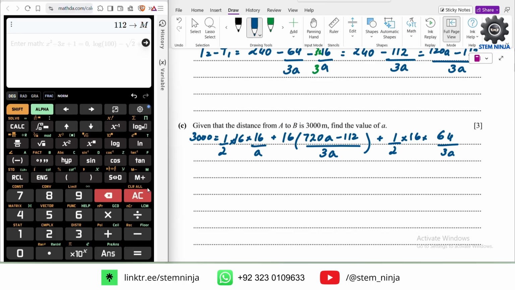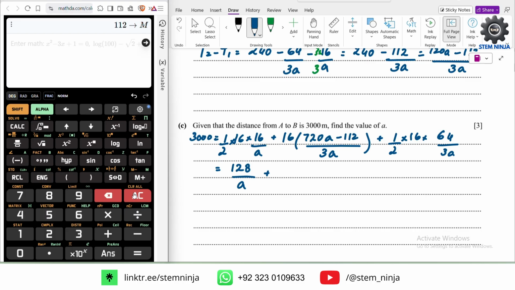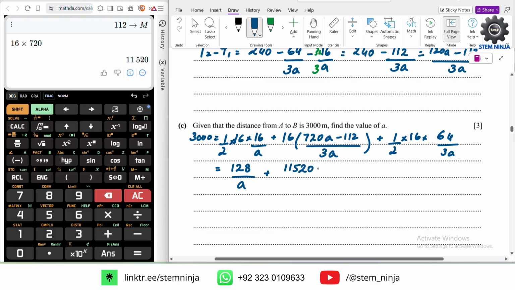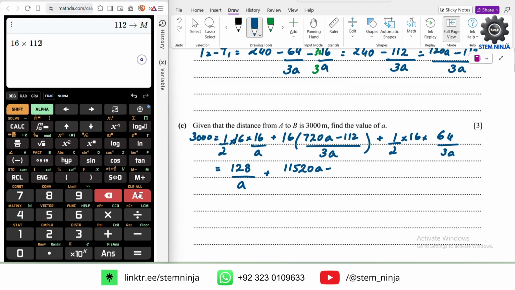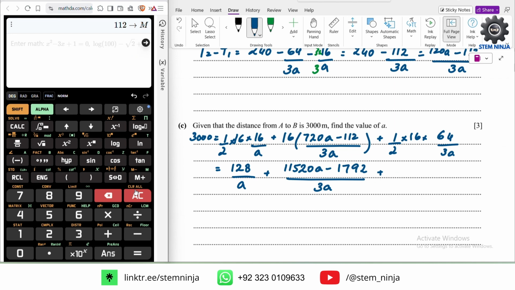So let's first simplify all of this together. 16 times 16 divided by 2 is 128 over a, plus 16 times 720, 11520a, minus 16 times 112, 1792, over 3a, and plus 0.5 times 16 times 64 divided by 3, 512 over 3.